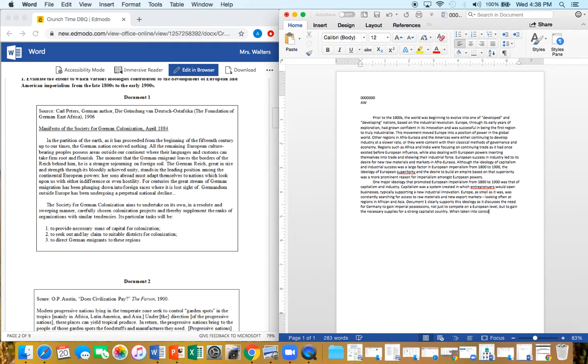When taken into consideration that this document occurs around the same time as the Berlin Conference, a conference in which European powers chose how to split up African land to imperial powers, it is understandable that Germany felt they had a right to take African land and raw materials as their own.